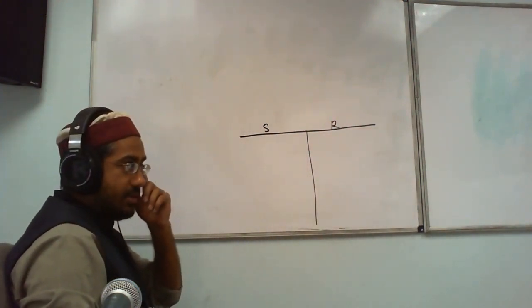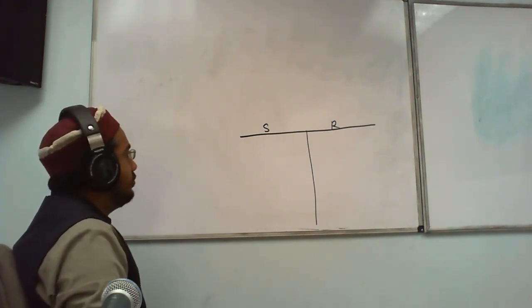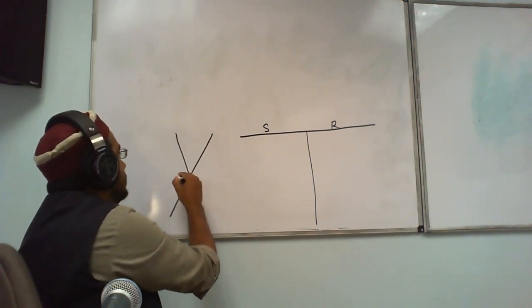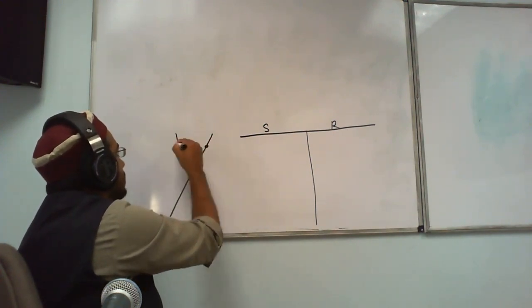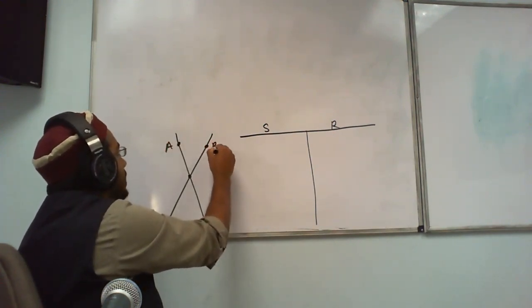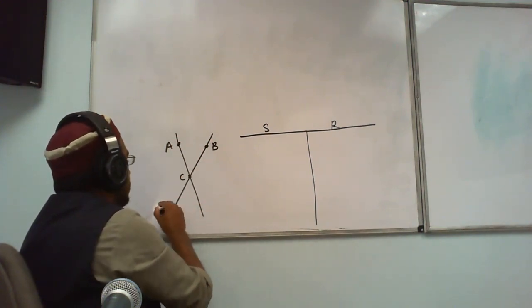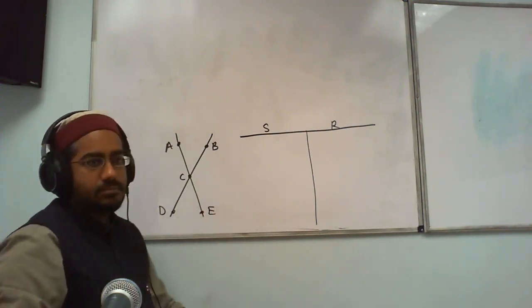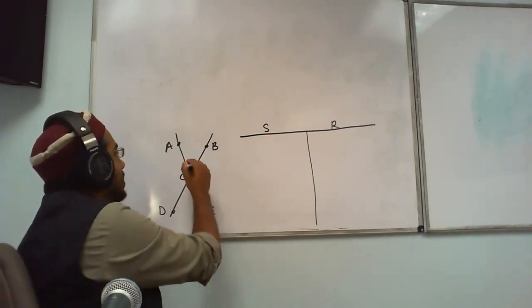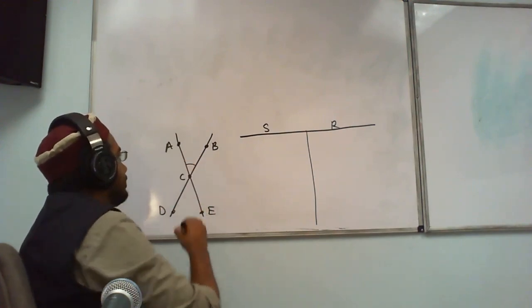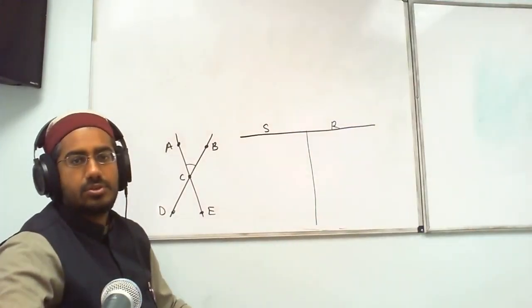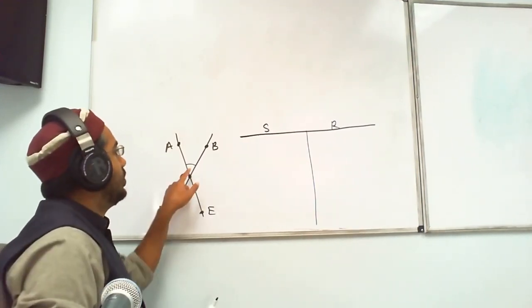Let's suppose I have two vertical angles. Let's say this is point A, this is point B, this is point C, this is point D, this is point E. So I have this angle over here, what is the name of this angle?